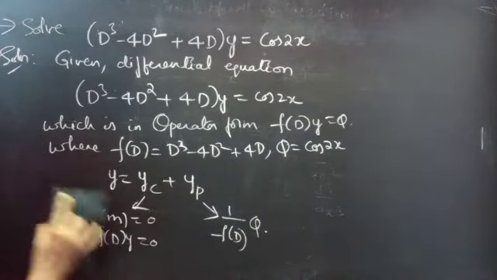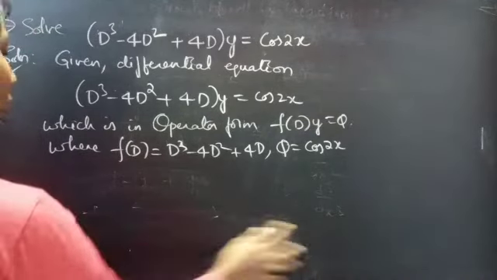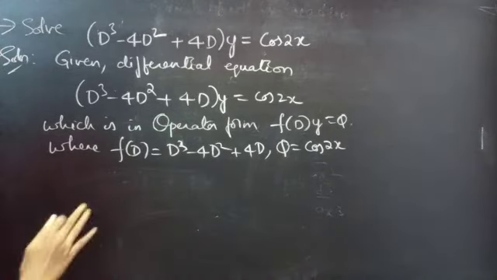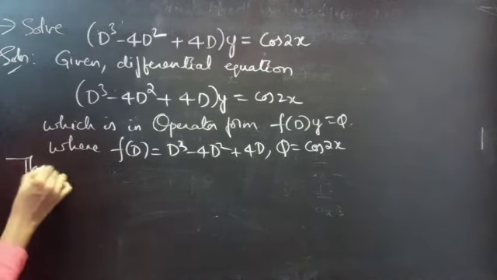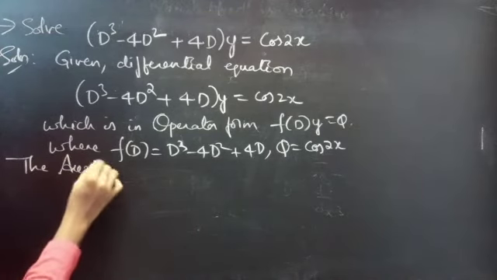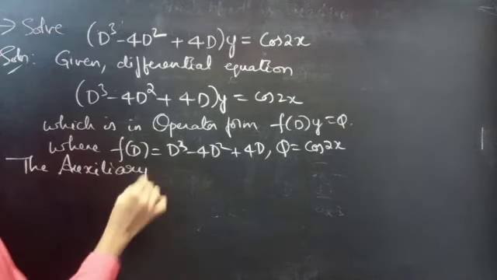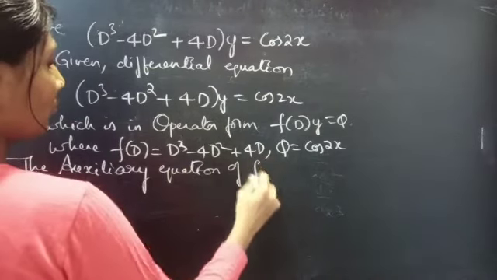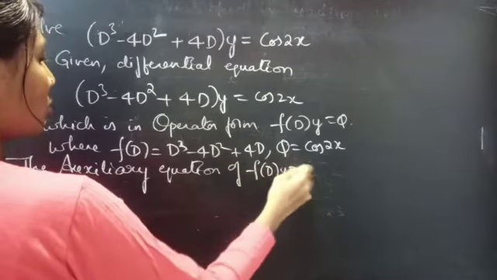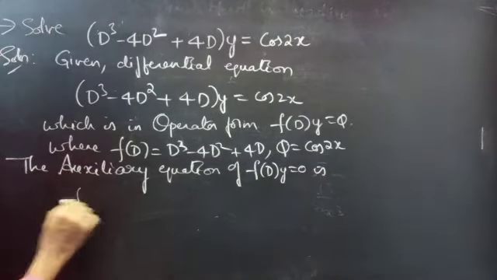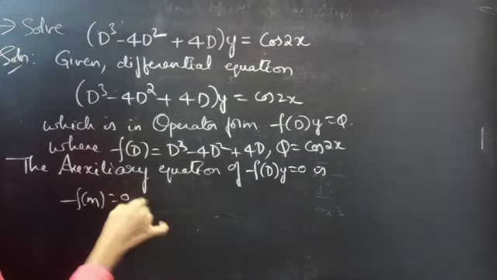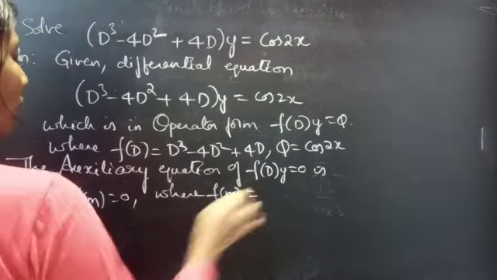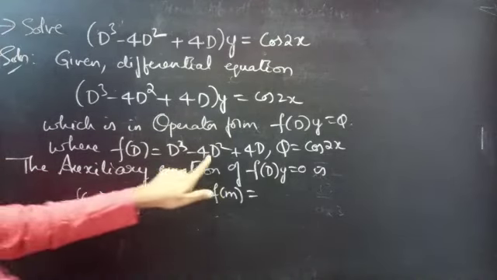So firstly, let's find the complementary function using the auxiliary equation. The auxiliary equation of f of D into y equals 0 is f of m equals 0, where f of D equals D cube minus 4D square plus 4D.